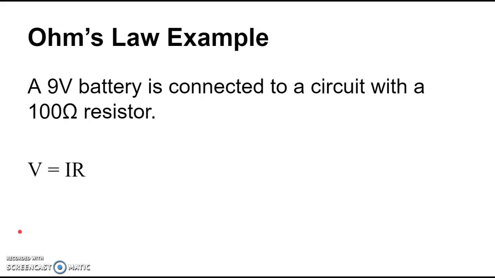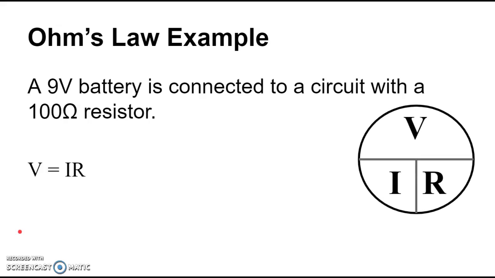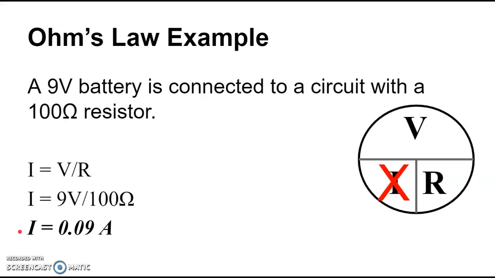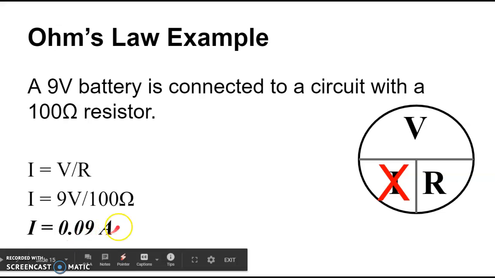You remember hopefully that we were solving for current, so that means cover the I. That leaves us with the equation I equals V divided by R, and we put the appropriate numbers in, 9 volts divided by 100 ohms from our question, and we find out that the current is 0.09 amps. That's 9 divided by 100.